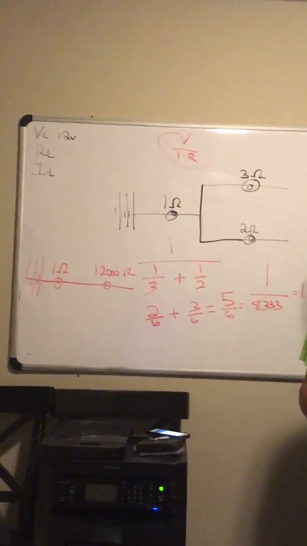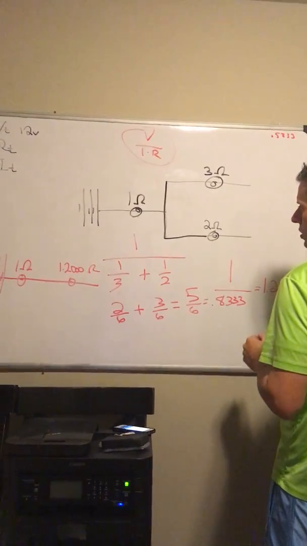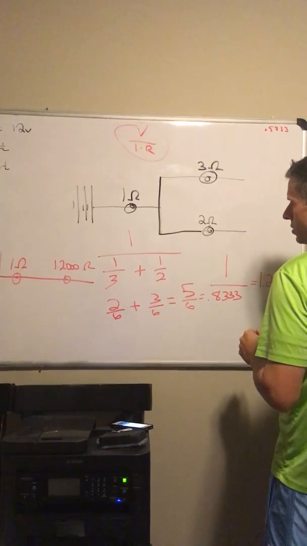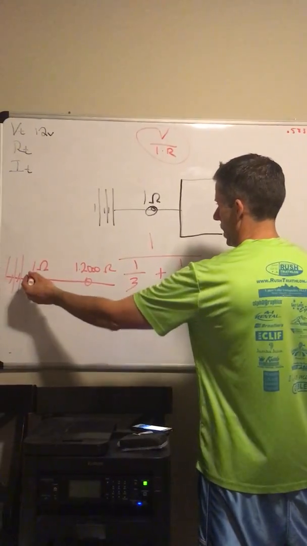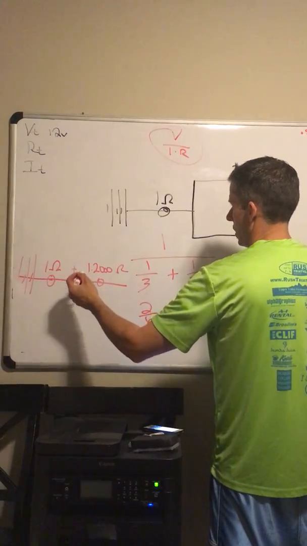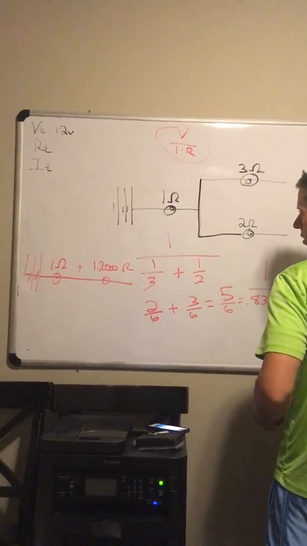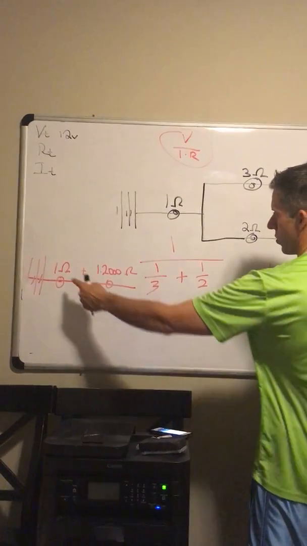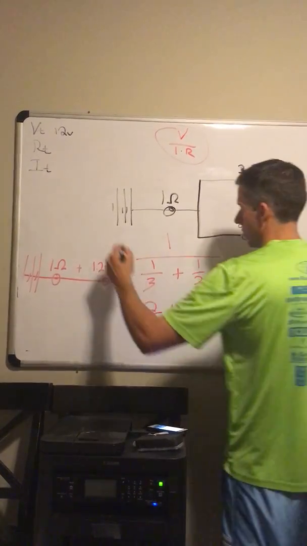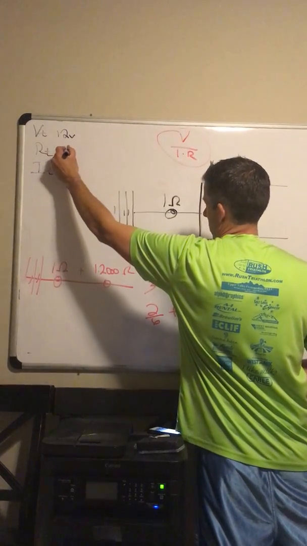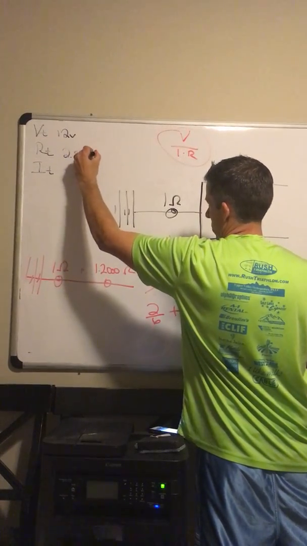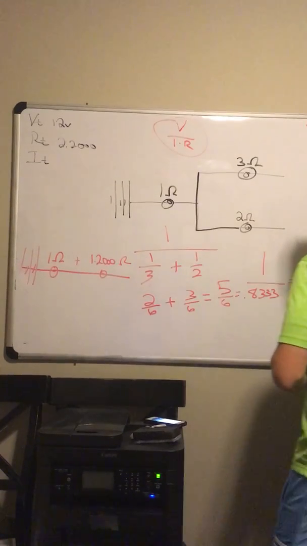Now we know that in a series circuit, total resistance is the sum of all resistors. So what I need to do is add these two together, and that'll help me factor in how much my resistance total is. So 1 plus 1.2000 is 2.2000. That is my resistance total.